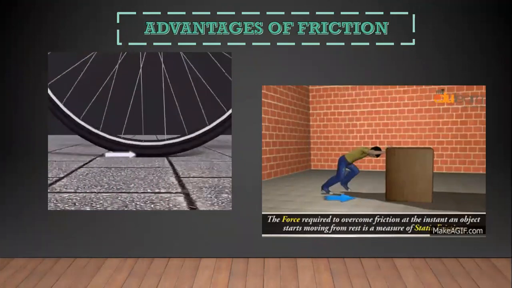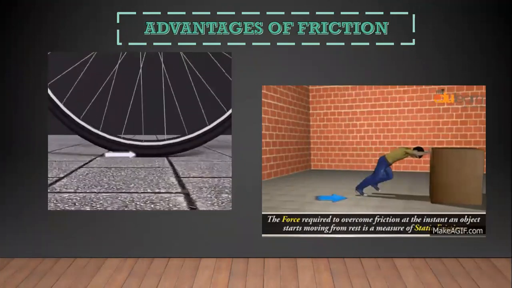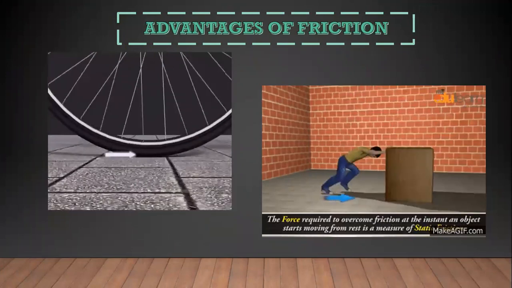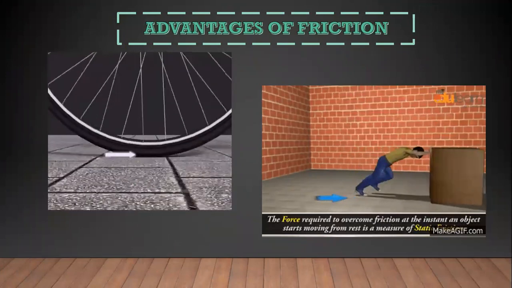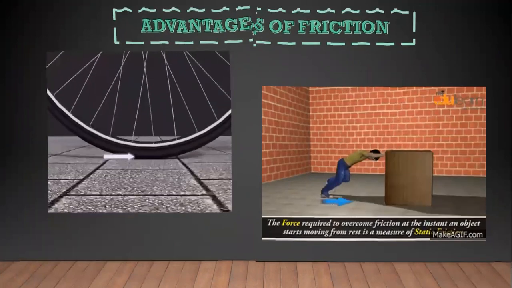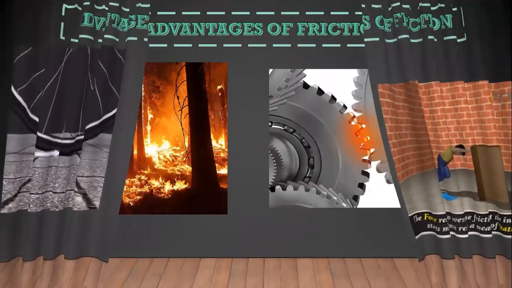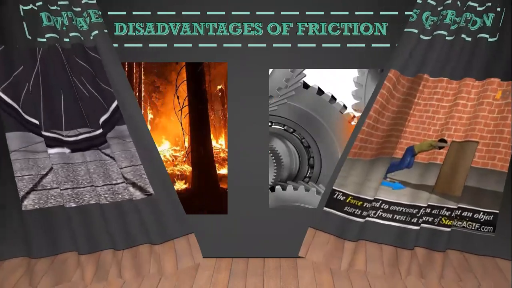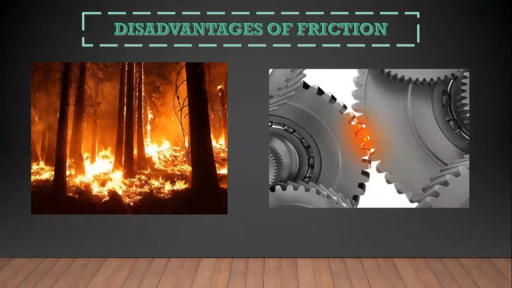You see that due to friction the wheel moves on the floor or on the road, and a man can push a heavy block. Also due to friction, fire is produced in the trees, and you also see the wear portion of the teeth of the machine.